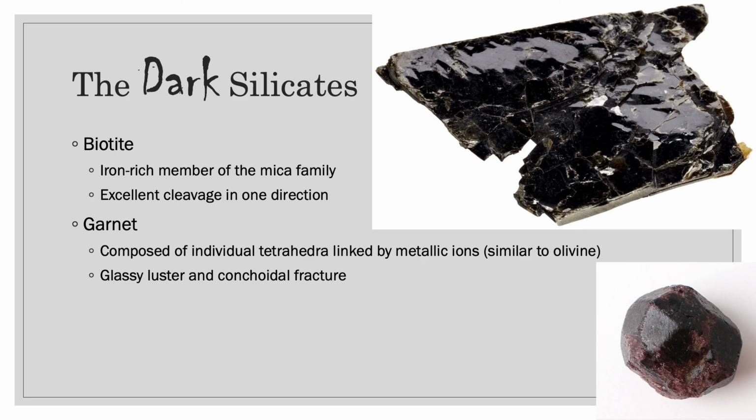And then lastly, garnet. This one has a very unique color and luster and fracture, and it forms in a dodecahedron pattern, or a 12-sided crystal, which is very unique.